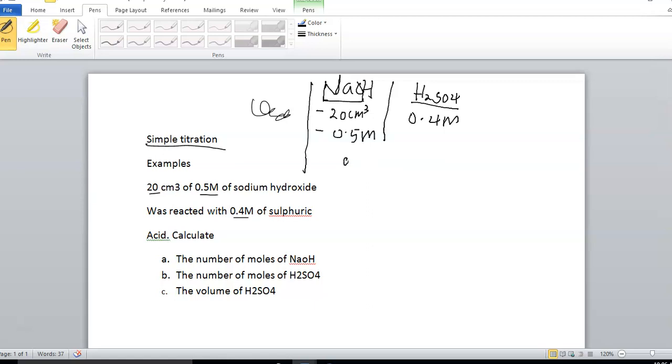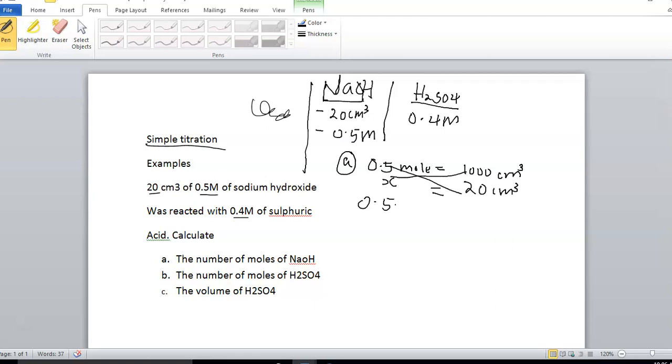We are solving part A. You say 0.5 molar, 0.5 moles, is equal to 1000 cm³, because the molarity of any given solution is defined per 1000 cm³. Then 20 cm³, how much is it equal to? We don't know.